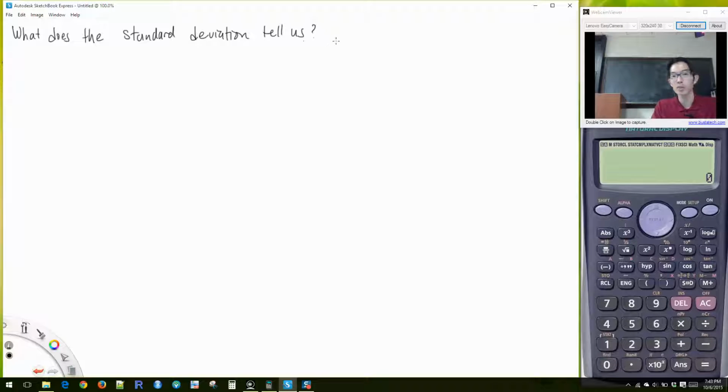What does the standard deviation tell us, or why do we bother calculating the standard deviation? What is a z-score? Not what is the formula for the z-score, but why do we calculate a z-score? What is the purpose of a z-score?